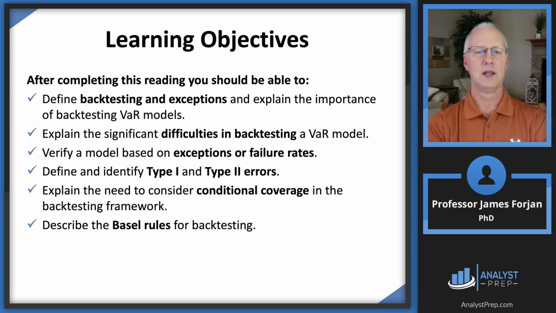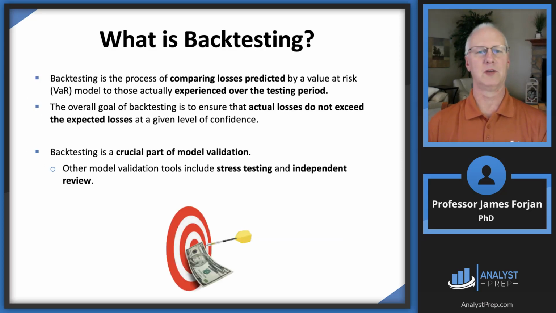And then we'll look at what happens when we have an oversight body or an organization or a government. So we'll describe those Basel rules for backtesting. I think if you live in France, that's how you pronounce it, or the Basel rules if you live in Germany or somewhere else. We'll worry about the pronunciation at some other time.